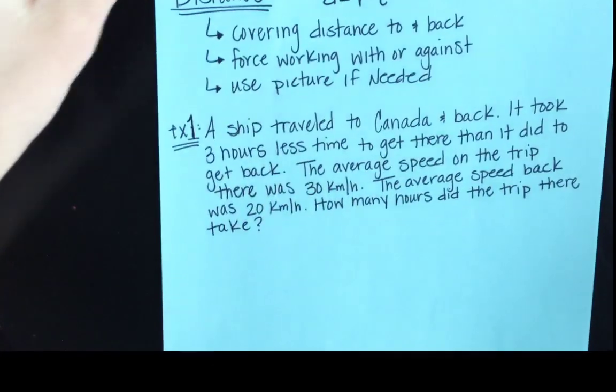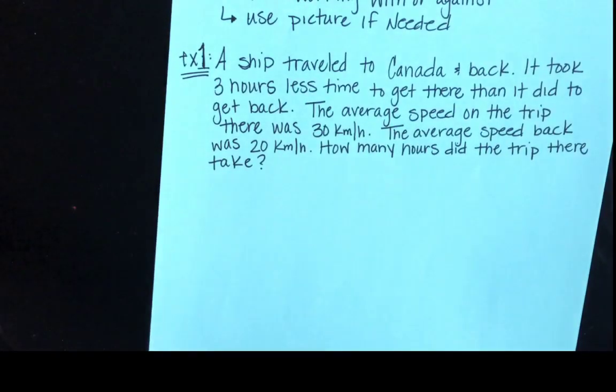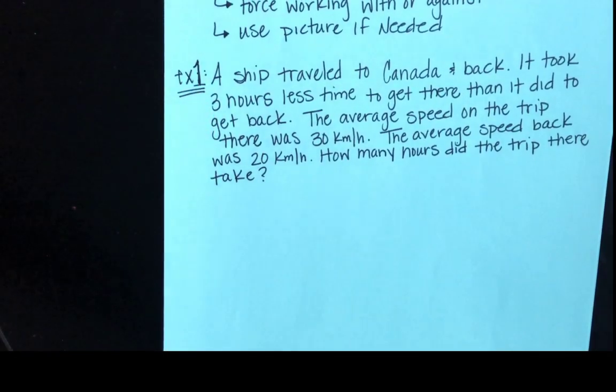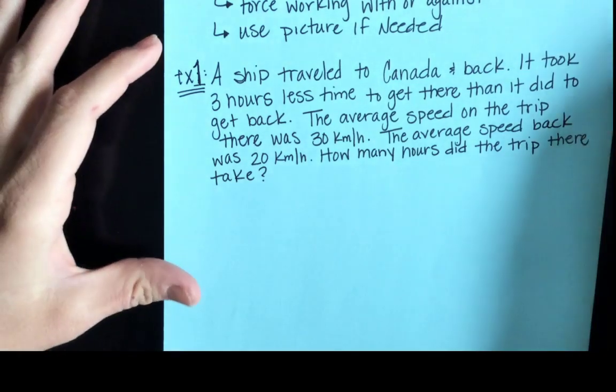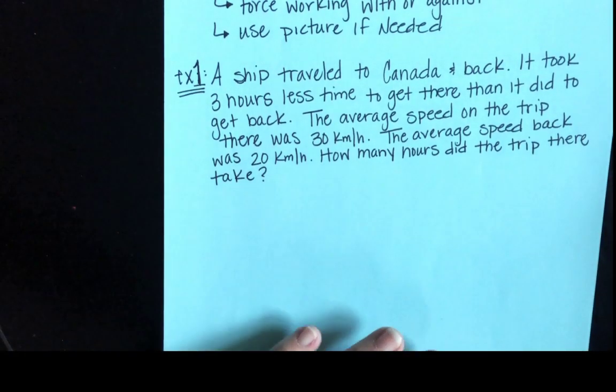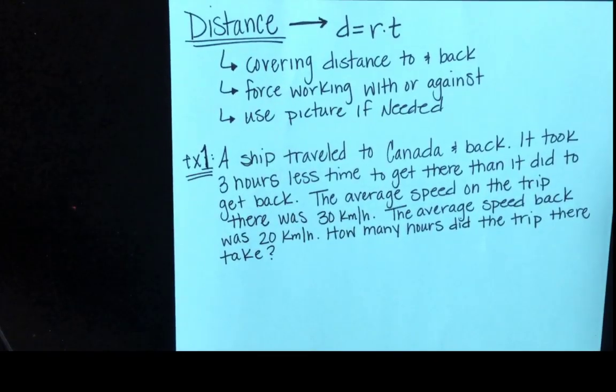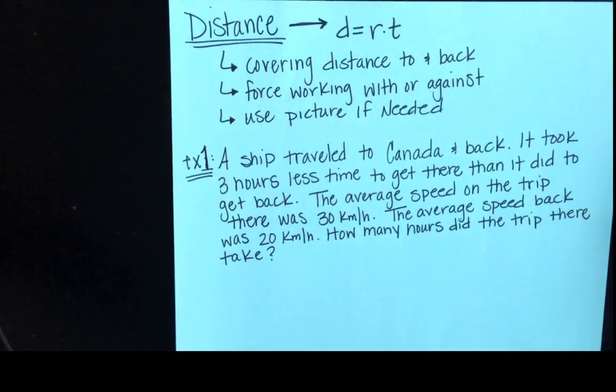All right, so we're going to switch gears. We're going to talk about distance, and all of this is going to be based off of the formula that we have grown accustomed to, which is distance equals rate times time.